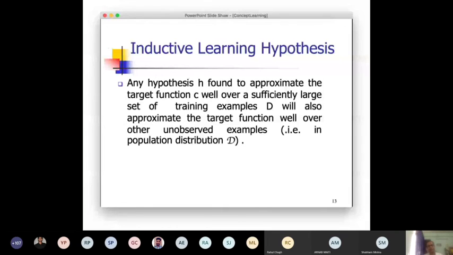What is meant by inductive learning? It means that you are extending your learned hypothesis over the whole domain. What is satisfied on the training samples, you assume should also be satisfied over the whole domain of input space. It may not always be true that it satisfies all the training examples.